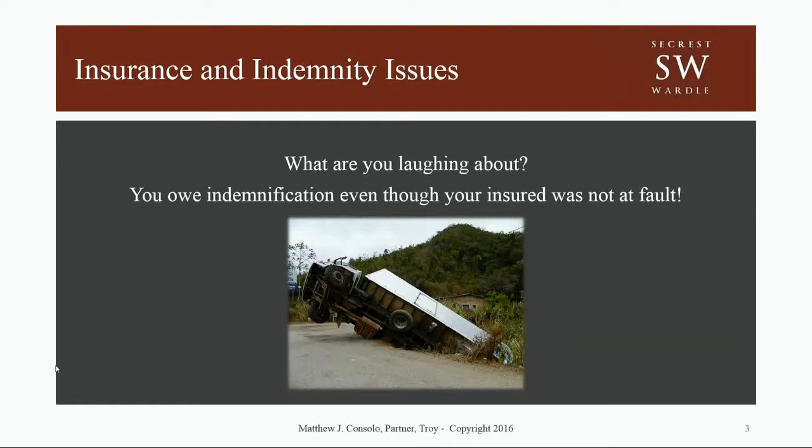The first thing you need to determine early in any case where a written contract is present is whether one party owes another party indemnification. To begin this process, you must obtain all of the contracts involved, whether that is a lease agreement, a construction contract, or even a purchase agreement, to see if there are any potential indemnification issues hanging over your claim like a black cloud.